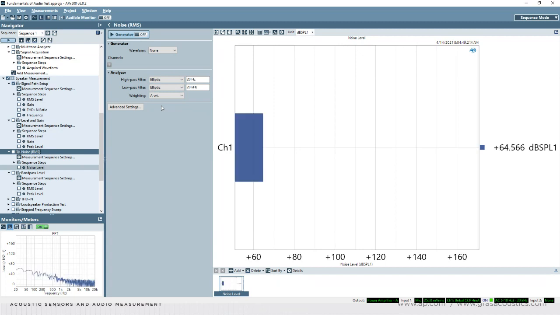So a number of papers have been published about measuring things like speakers with signals that more closely approximate the crest factor of music, in order to see a more representational response from the device under test.